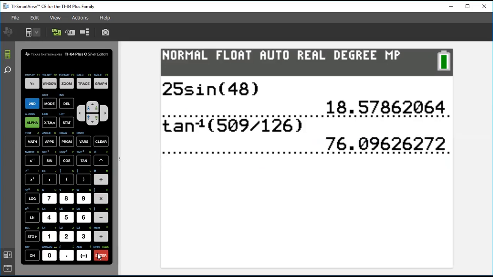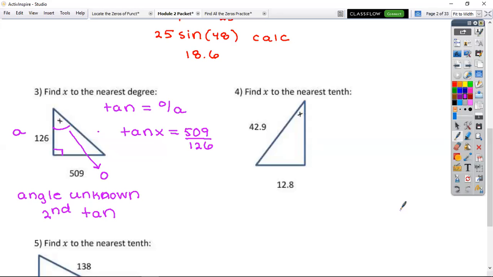Basically, you're going to know if you've done it wrong because your answer is not going to make sense. It's going to be a really teeny little decimal. So second tangent, 509 over 126, so 76.1. Okay, so second tan, anytime your angle is missing. So I have 76.1 degrees on that one.